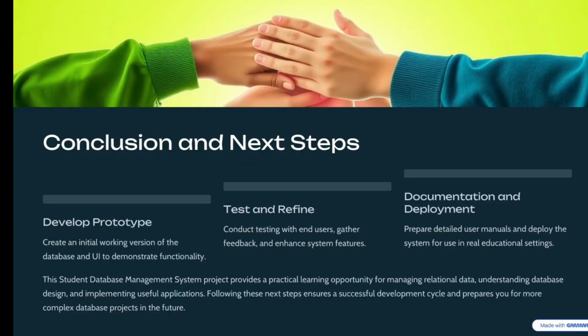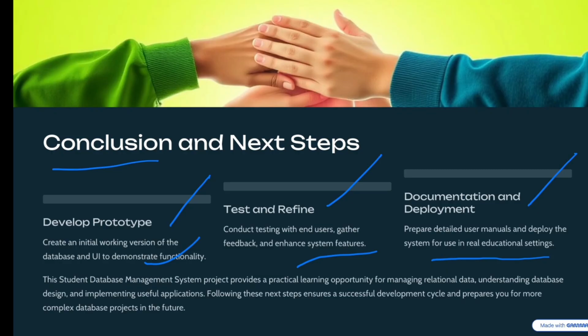Now the final conclusion steps: develop prototype, test and refine, documentation and deployment. Develop a prototype: create an initial working version of the database and UI to demonstrate functionality. Test and refine: conduct tests with end users, gather feedback and enhance the system features. Documentation and deployment: prepare a detailed user manual and deploy the system for users in a real educational setting.